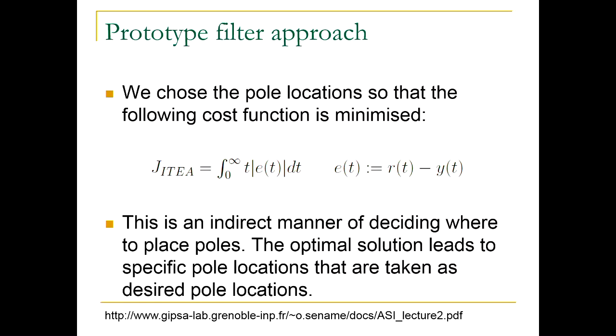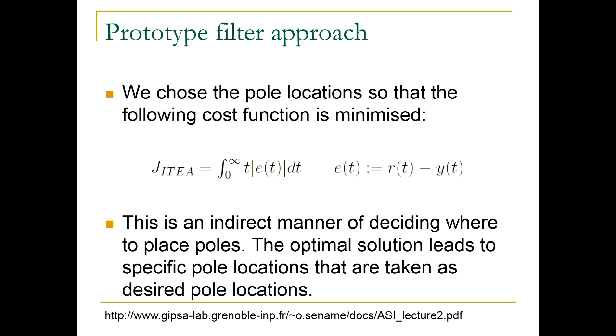So it's an indirect manner, and that's very, very similar to what we do in advanced control. We just use different types of cost functions here to design different types of controllers. I do that a lot, like maybe for 6, 7 lectures in advanced control.